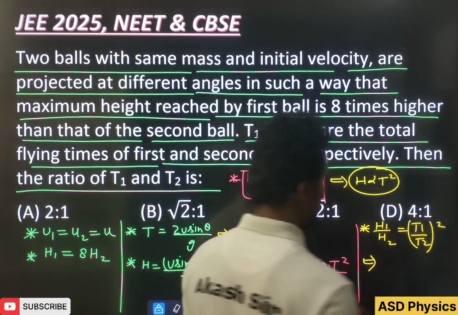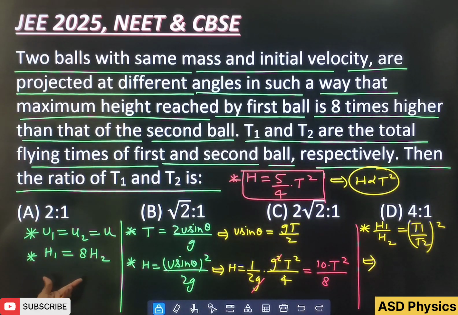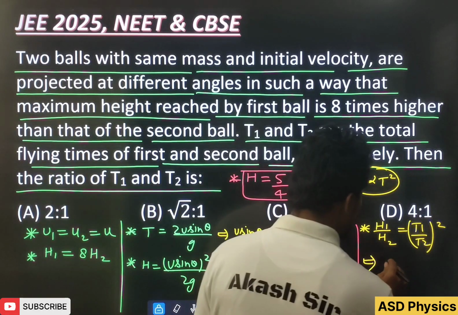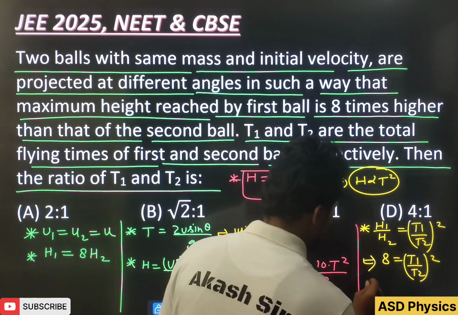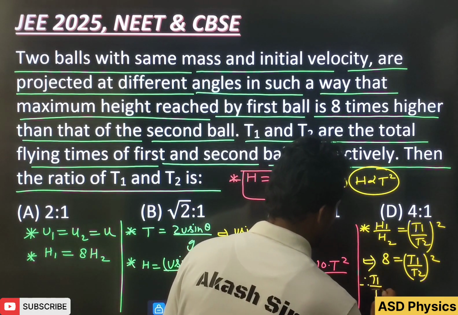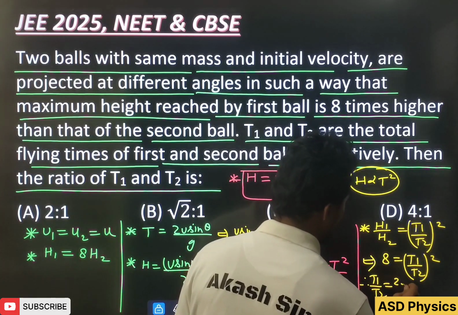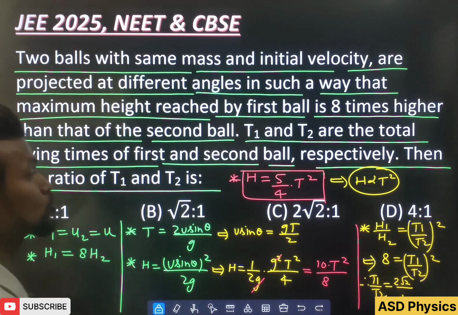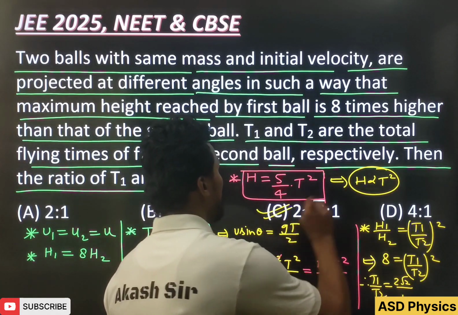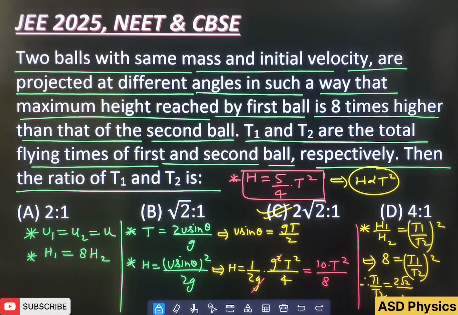Now h1 by h2 is 8. So 8 equal to T1 by T2 whole square. Hence T1 by T2 is square root of 8, that means 2 root 2 by 1. So which option is there? 2 root 2 by 1. You can see very well, option C is the answer. Remember the formula, h equal to 5 by 4 T square.